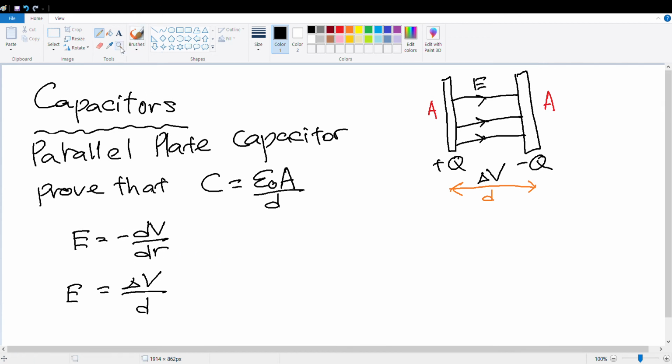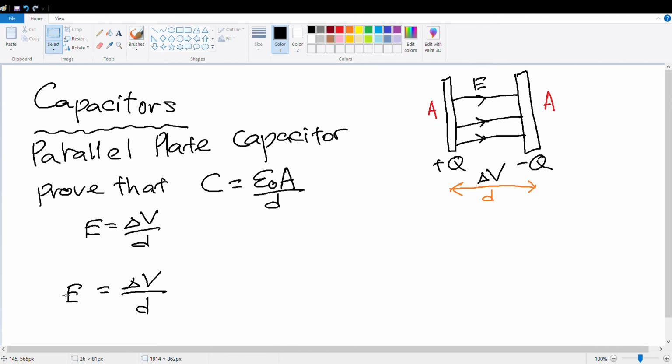We need to remember that here we are describing the parallel plates capacitor instead of the metal sphere. So our E is equal to the potential difference divided by D.